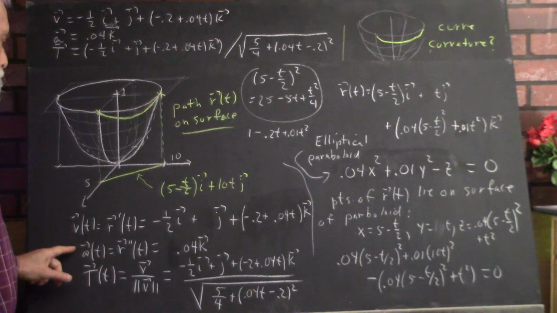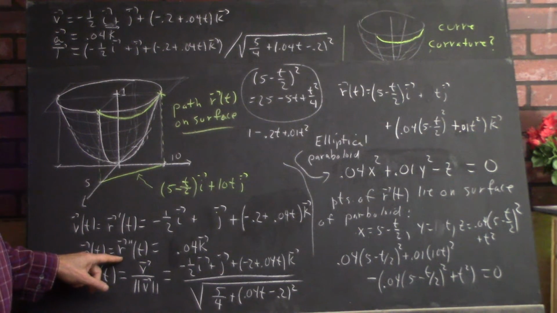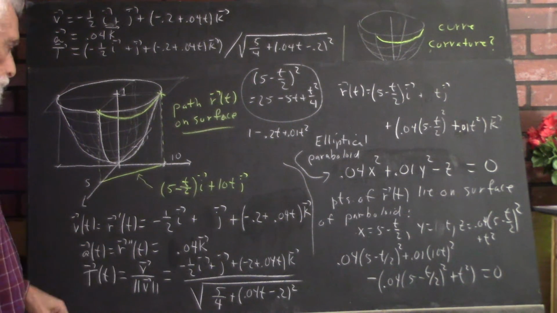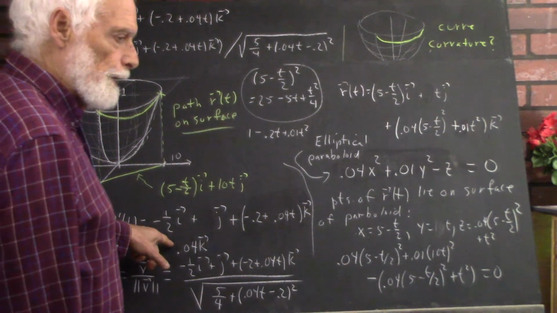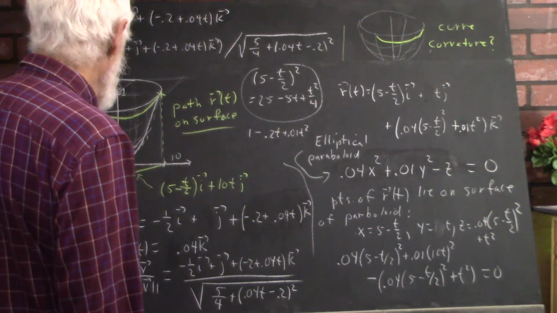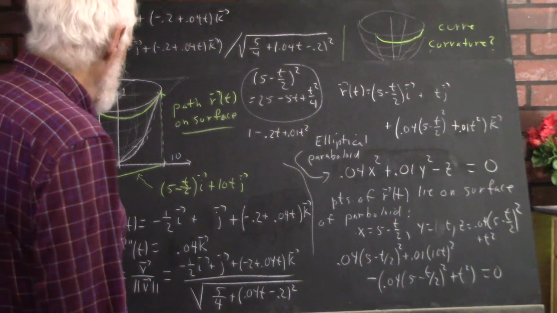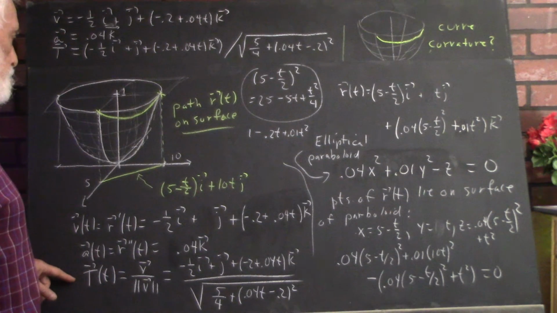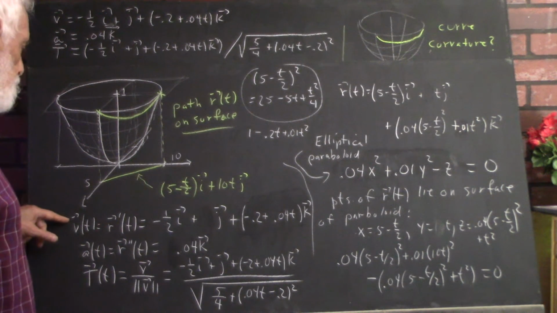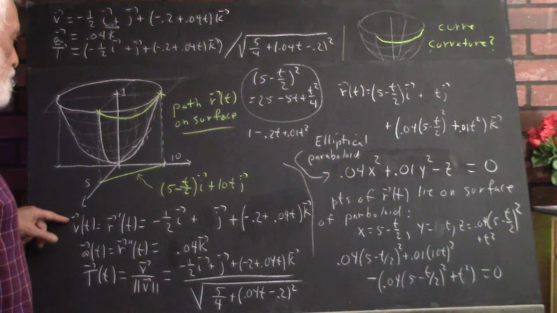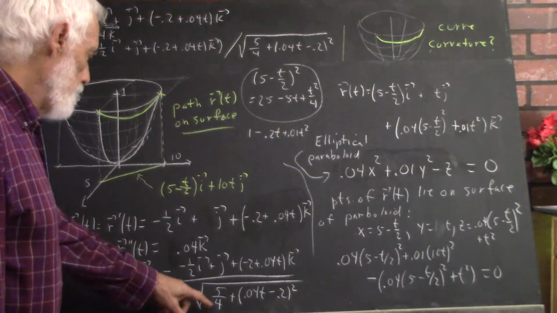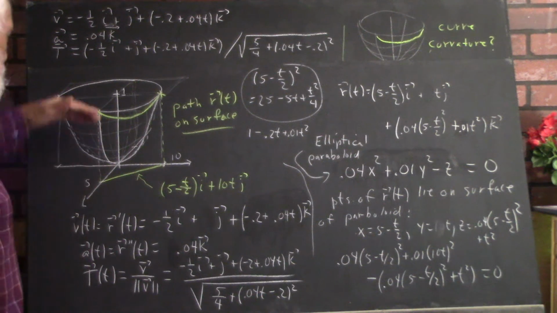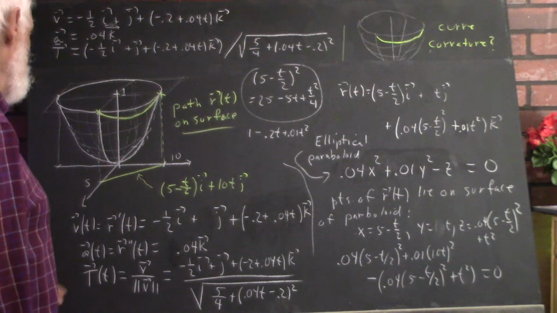Our acceleration function is the second derivative of our position function, or the derivative of our velocity function, and that gives us a constant function, 0.04k. And then our unit tangent vector is just our velocity vector divided by its magnitude, and if I have that expression correct, it's here.